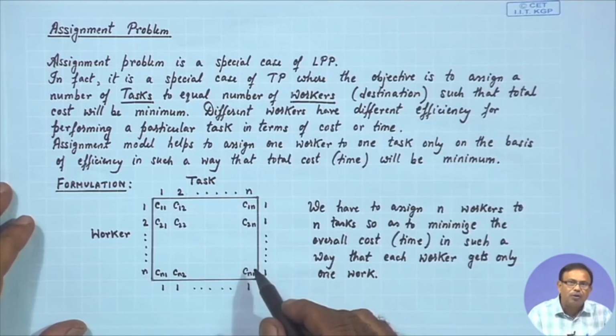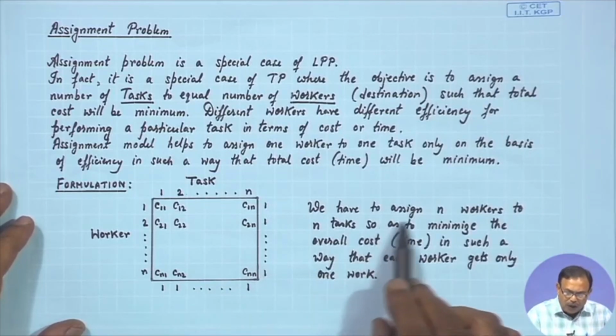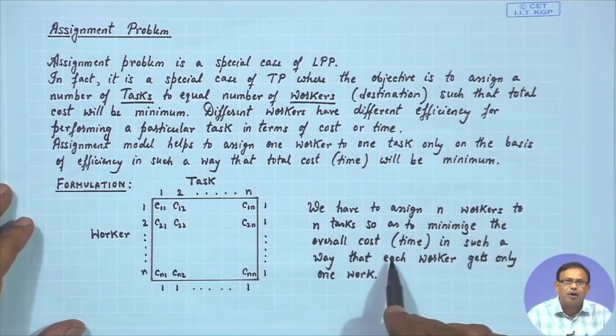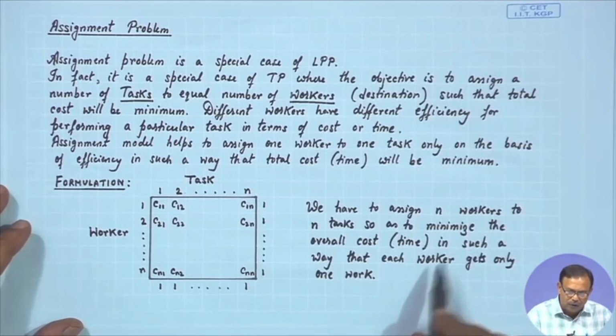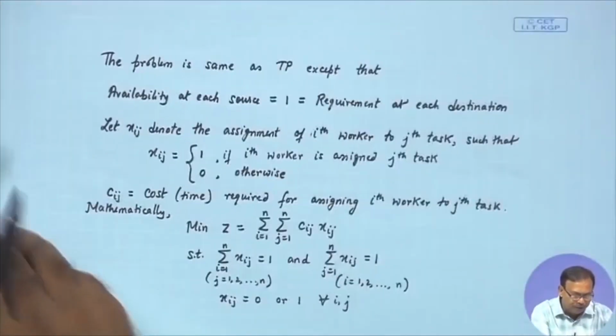Please note this. We have to assign n workers to n tasks so as to minimize the overall cost in such a way that each worker gets only one work.